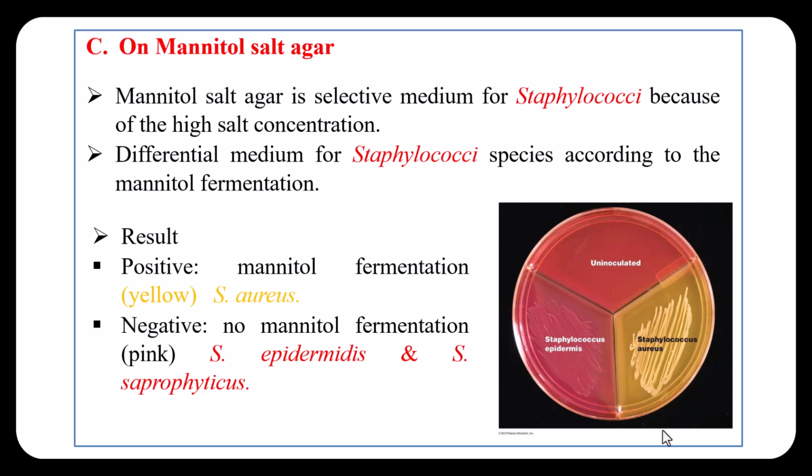It contains mannitol sugar. Bacteria that ferment mannitol, such as Staph aureus, change the color of the indicator and produce yellow colonies, while epidermidis and saprophyticus are non-mannitol fermenters, do not change the color of the indicator, and produce pink colonies.